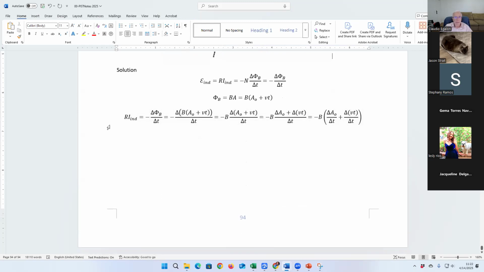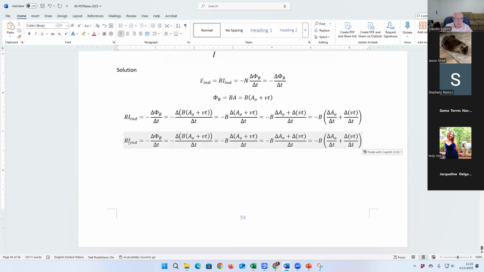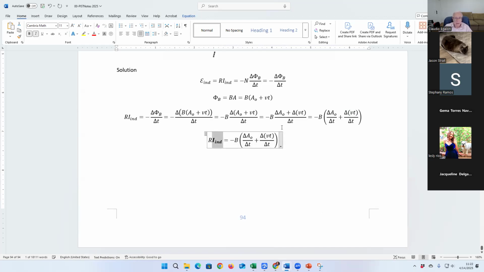Don't forget the left side of my equation. I'm trying to find this guy right here. Delta A naught is going to be 0 because A naught is a constant.